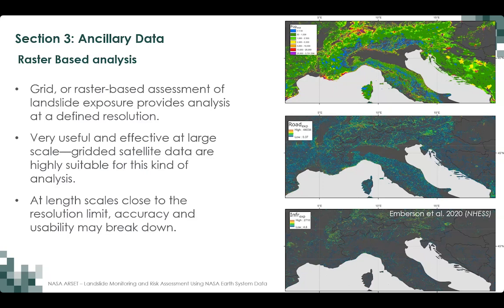And you can see in the alpine areas, there's high population, higher road, and higher infrastructure exposure in the setting. This is useful at regional scales, but at very fine resolution, in very localized settings, the use of this may break down. As mentioned, if you have a very coarse data set for hazard, it may be irrelevant to compare that with small scale data sets. And we'll talk about that in a second.